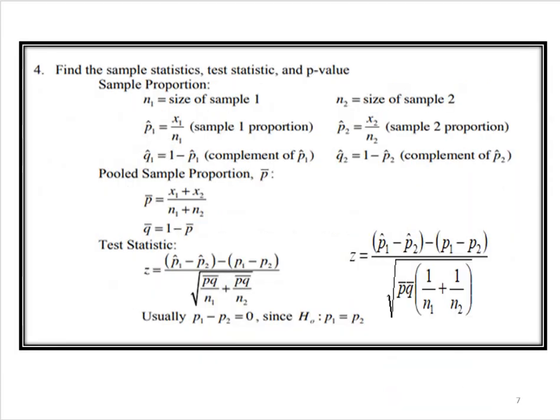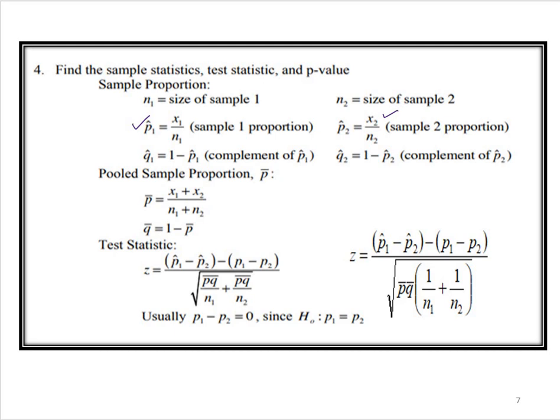Okay. Now we are going to find the test statistic for the two proportions. We already know how to find the test statistic and the probability for a single sample, but now we are going to discuss how to do it for two proportions. So for that we first have to find P1 cap, which is x1 over n1, and P2 cap is x2 over n2.